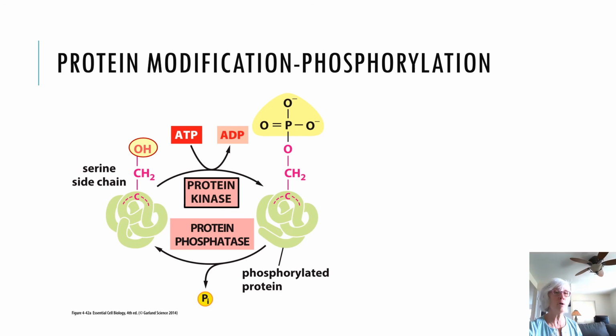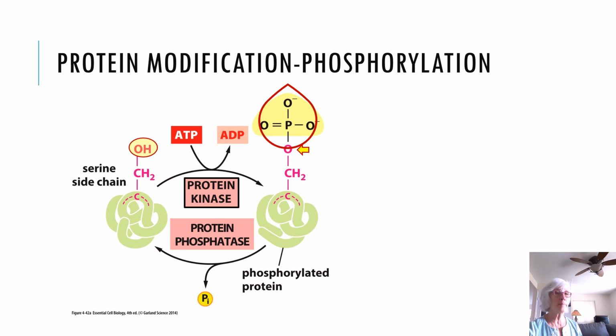Serine happens to be one of those. So on the right-hand side of this diagram, we see the same green globular protein that has this phosphate group transferred from ATP to the OH. The H goes away and we're left with this O linkage between the phosphate group and the serine side chain on what is now called the phosphorylated protein.